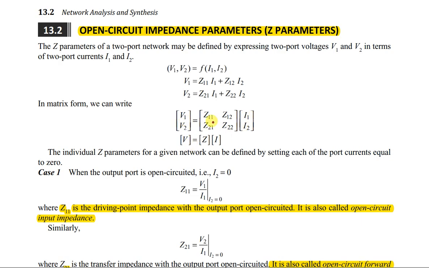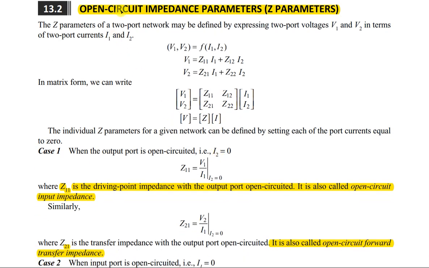It is nothing but V equal to impedance into current, V equal to I into R. If it is a DC network, we call it resistance. Here it is impedance Z, so V is equal to I into Z. So this is impedance, and that's why it is called Z parameters.